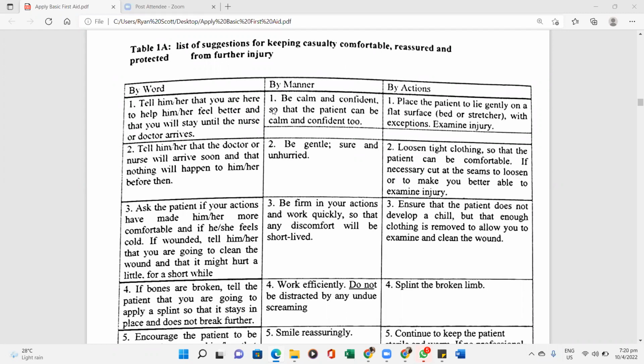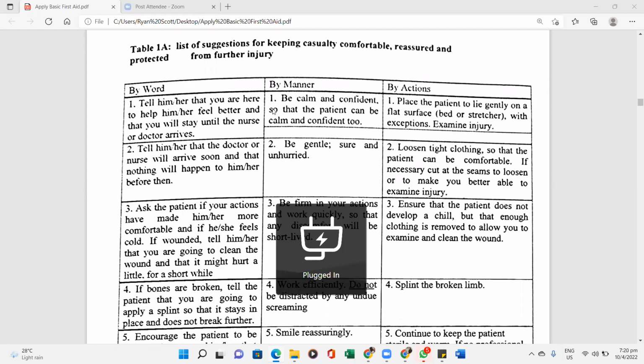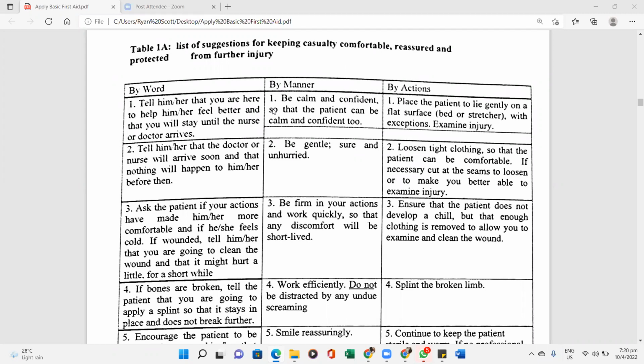In terms of telling him that the help is on the way, it says be calm and confident so that the patient can be calm and confident as well. And place the patient to lie gently on the flat surface, bed or stretcher with exception, and examine injury. So if you're going to be panicky, then the person going to get panic as well.